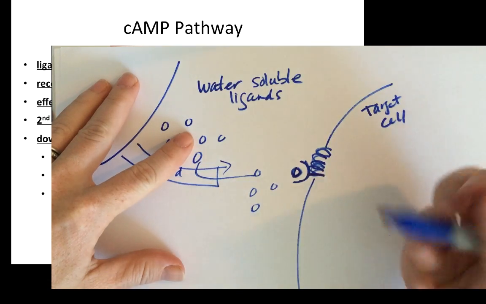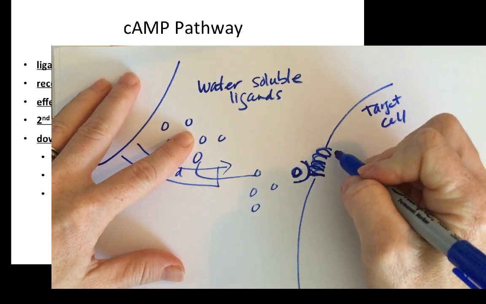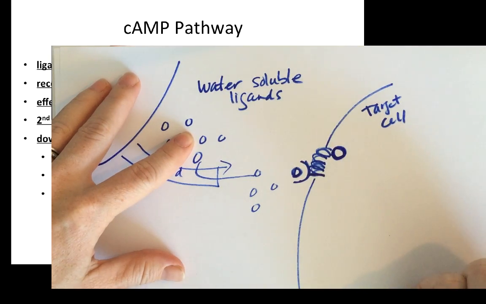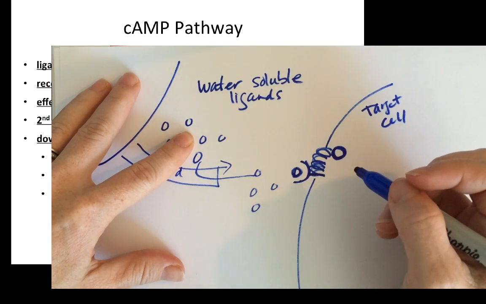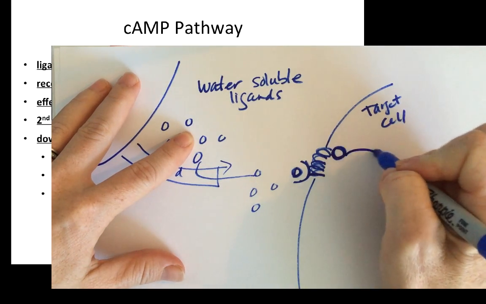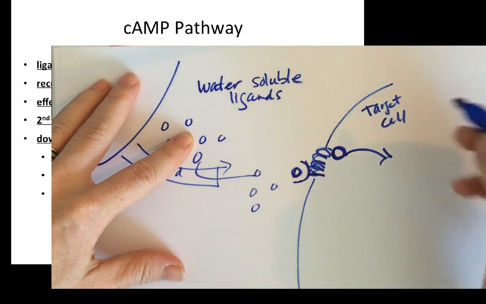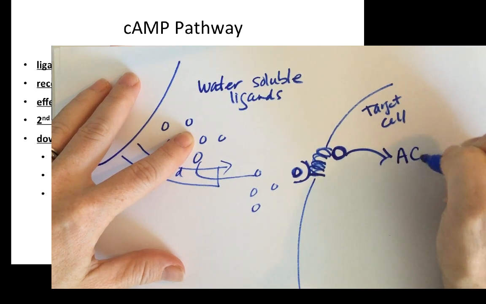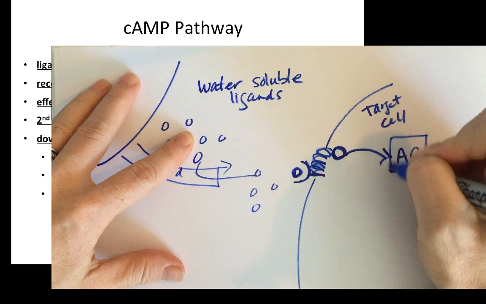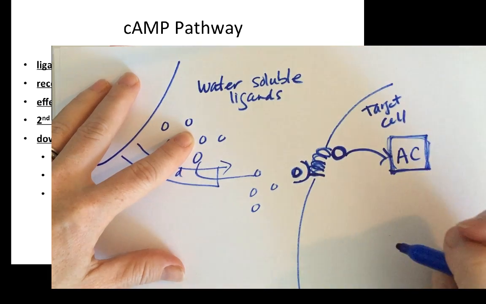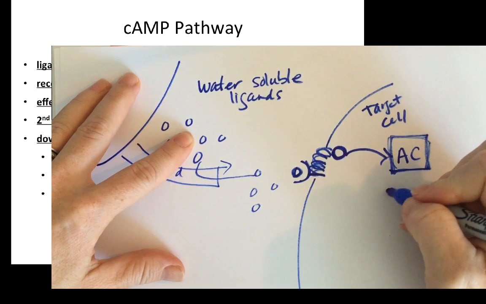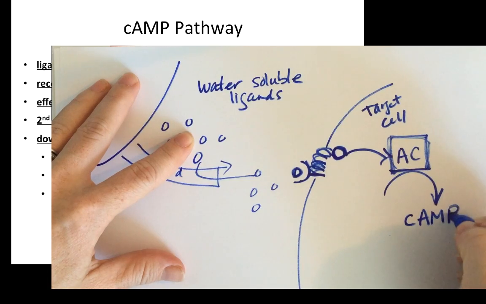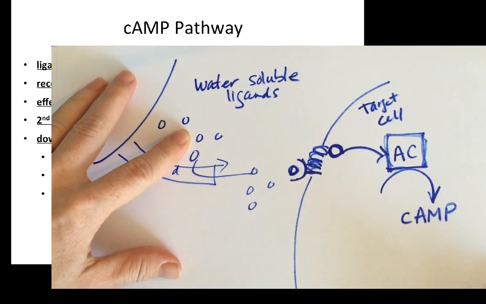This G protein coupled receptor has first a G protein attached to it. That G protein will activate the next molecule in line, which is the adenylate cyclase molecule. Adenylate cyclase will then produce or activate another molecule called cyclic AMP.